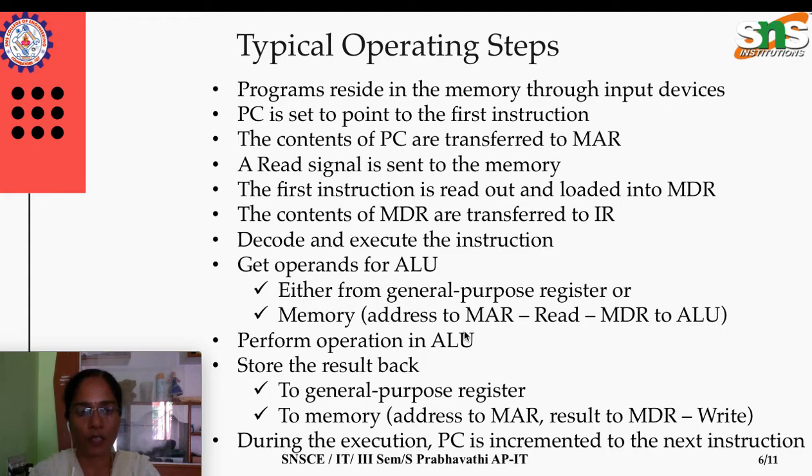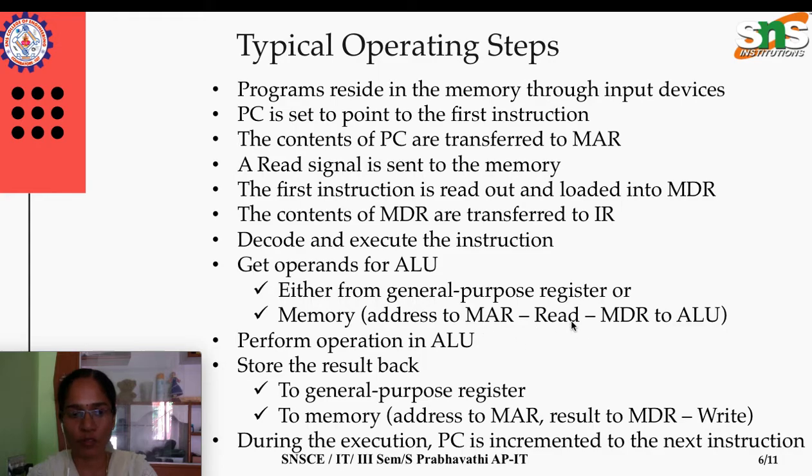Once the operation is over, we will have the output. That output is either stored again in a general purpose register, or we can store it in the main memory. For storing into the main memory, the location where we need to store that output is given to the memory address register, and the write signal is enabled this time, not the read.